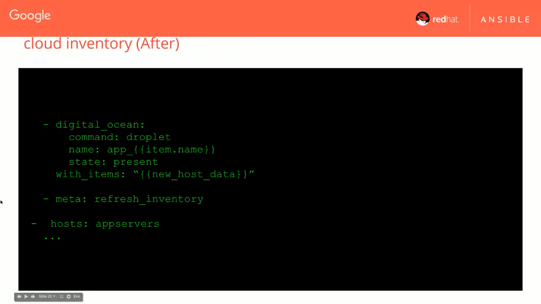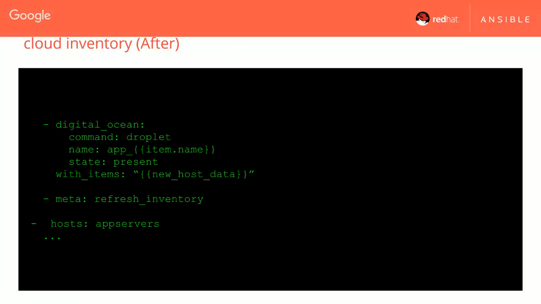In 2.0, we've got meta refresh inventory. This assumes two things. One, you're using the dynamic inventory for that cloud. For example, here in the example, I'm using DigitalOcean. It could be AWS, it could be Azure, it could be Google. It doesn't matter. If I'm using the dynamic inventory, I can just call refresh inventory, and that will re-execute the dynamic inventory.